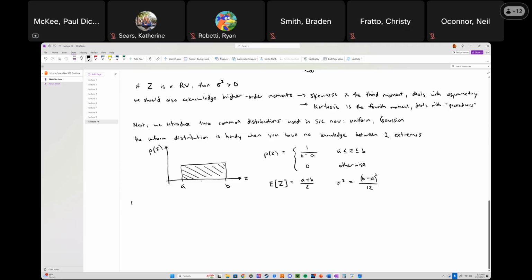So the Gaussian distribution, also called the normal distribution, is most commonly used in navigation.